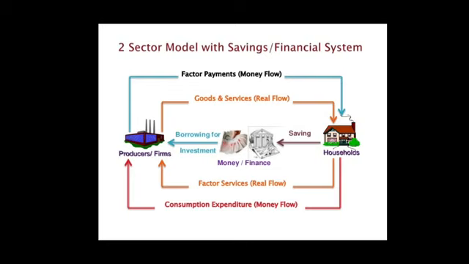Thus, through investment expenditure, by borrowing the savings of the households deposited in the financial markets and financial institutions, the saved income is again brought into the expenditure stream, and as a result, the total flow of spending does not decrease.